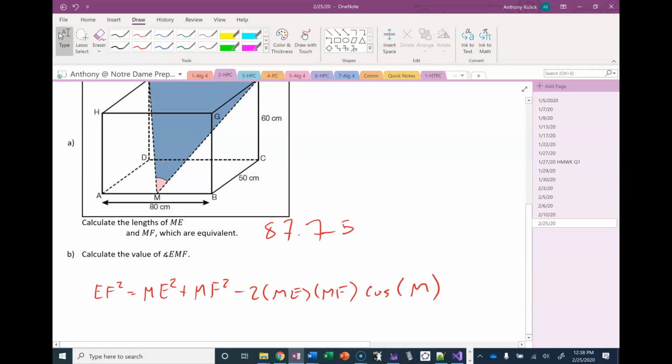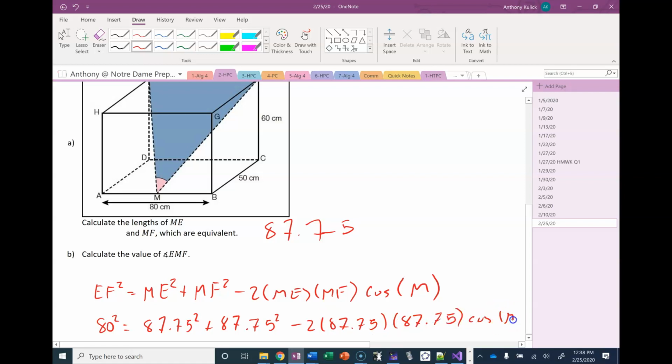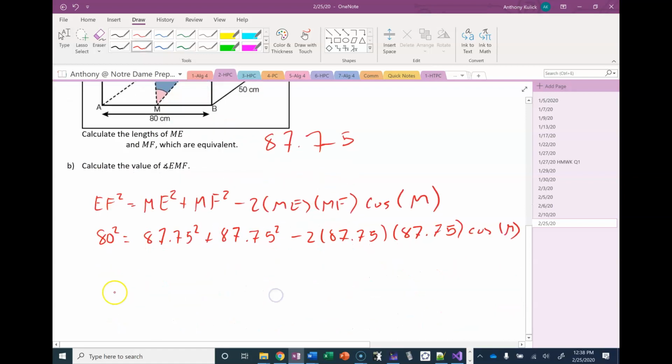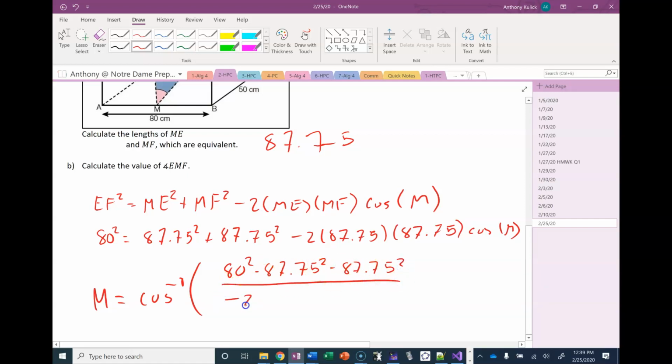Okay. So here I have 80 squared is equal to 87.75 squared plus 87.75 squared minus 2 times 87.75 times 87.75 times cosine of M. So M is going to be the cosine inverse of 80 squared minus 87.75 squared minus 87.75 squared divided by negative 2 times 87.75 times 87.75.